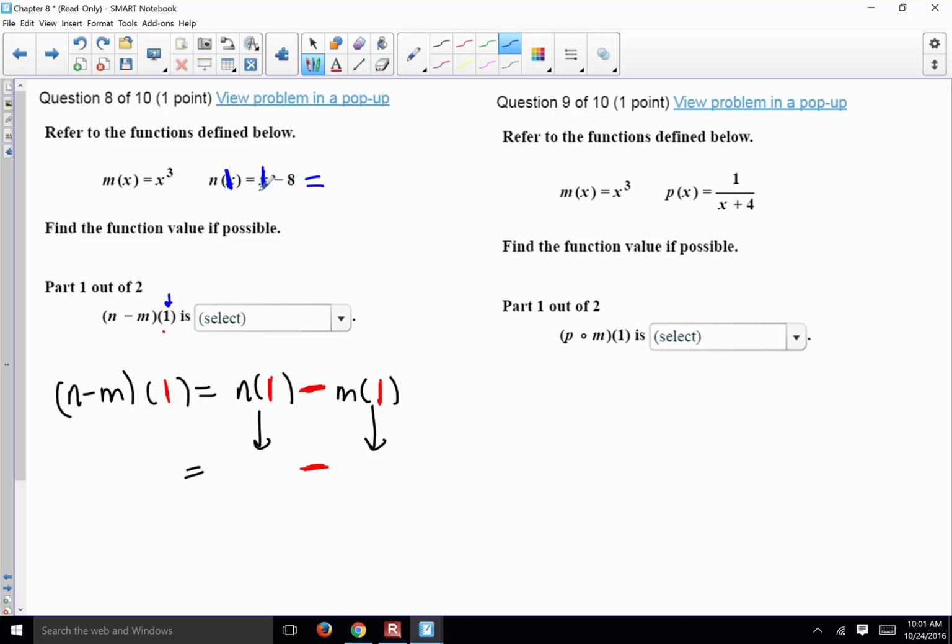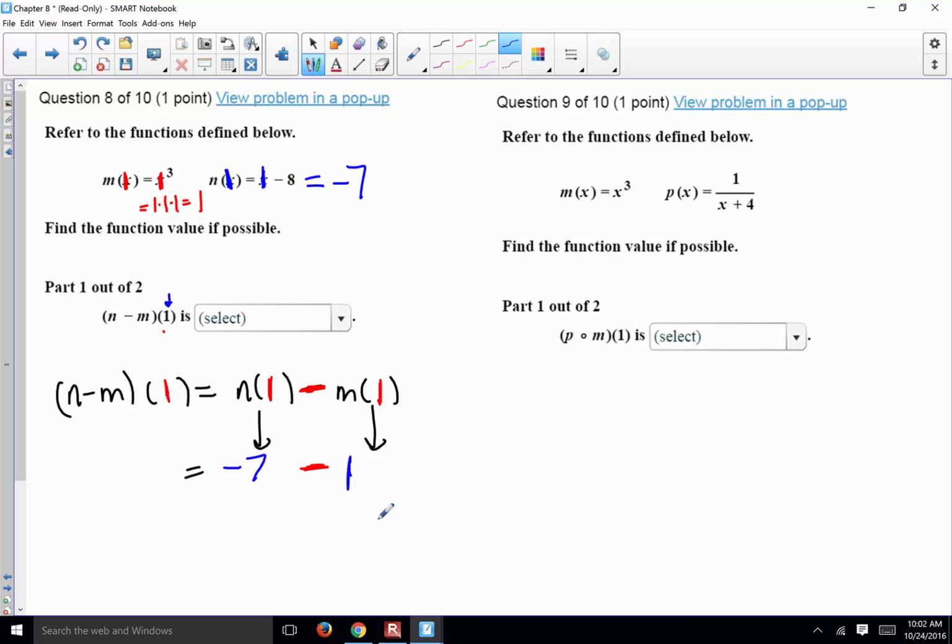N of 1 is replace x by 1, which is 1 minus 8. It gives us minus 7. M of 1 means 1 instead of x, 1 is processed by m. It's just replacement. It's 1 cubed. 1 cubed is 1 times 1 times 1, which is 1 again.